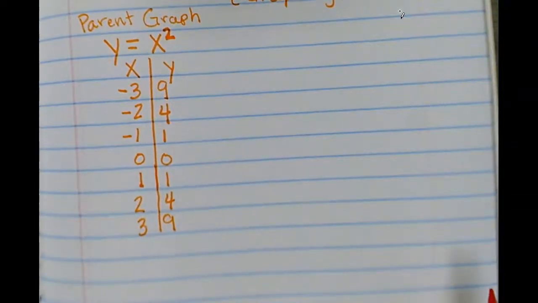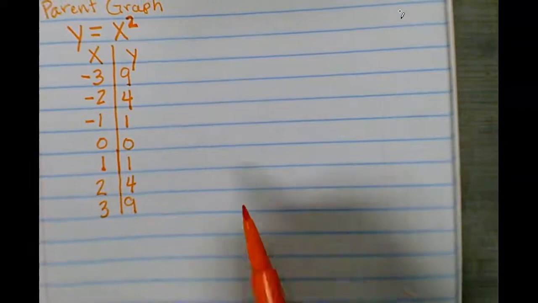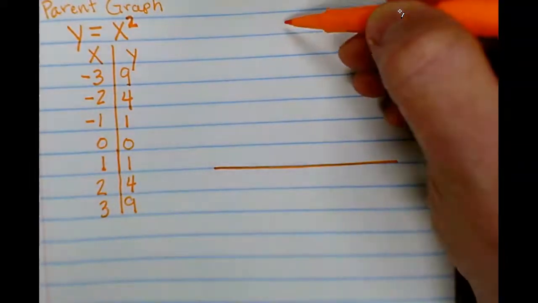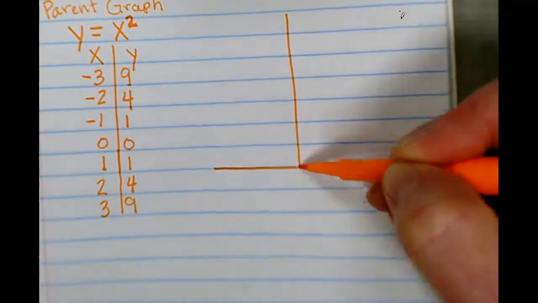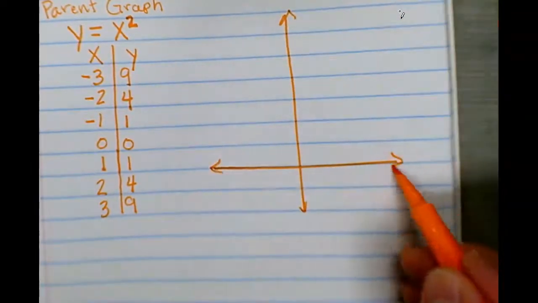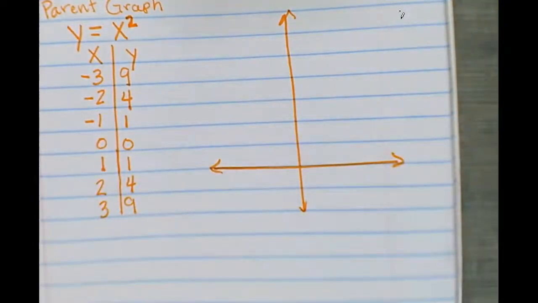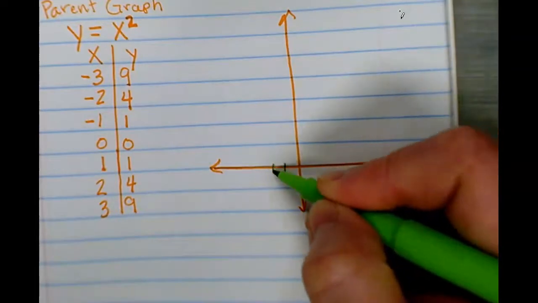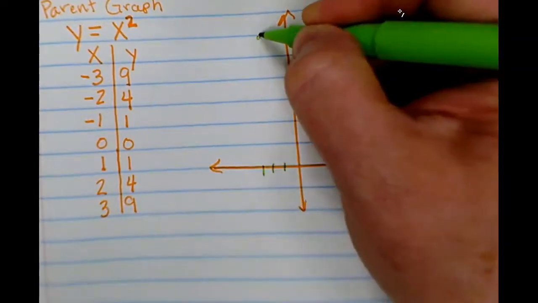Okay, what would that look like on a graph? Unfortunately, I don't have any graph paper to give you, so we're going to have to make the best sketch we can. One, 2, 3, all the way up here at 9.